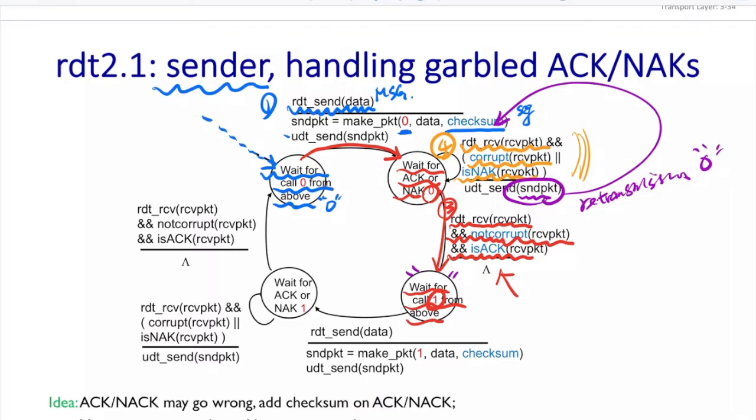Because when the sender continuously retransmits packet number 0, that means it is stuck waiting for an ACK or NACK 0. Only if it receives a correct ACK, which is right here, will it move on to wait for call from above number 1.